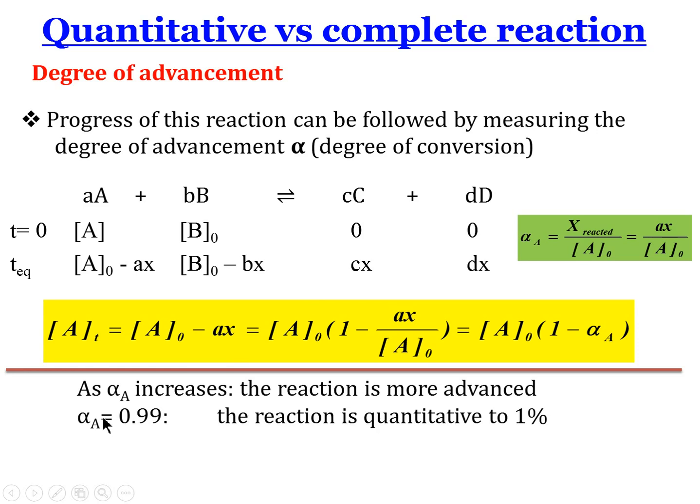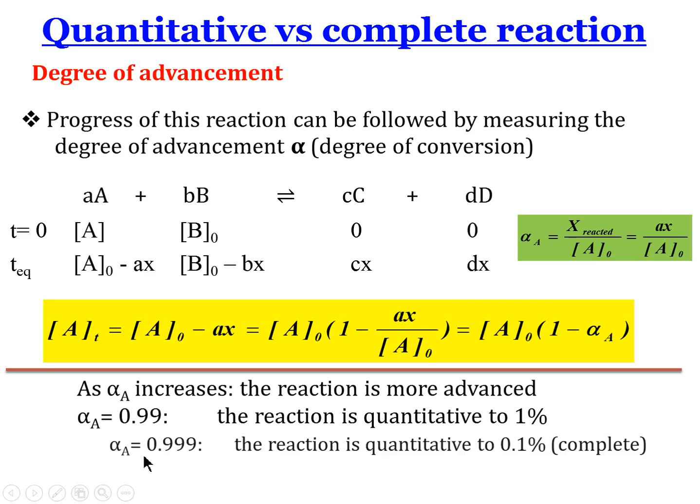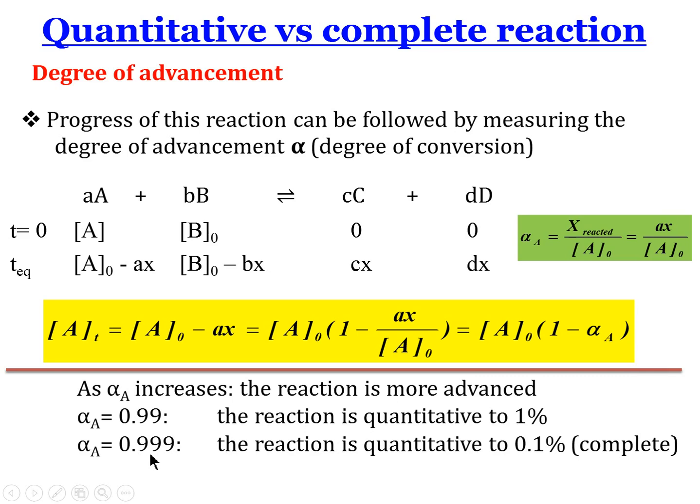If alpha A equals 0.99, the reaction is quantitative to 1%, and we say only that the reaction is quantitative. And if alpha A is found to be 0.999, the reaction is quantitative to 0.1%, and we say that the reaction is complete.